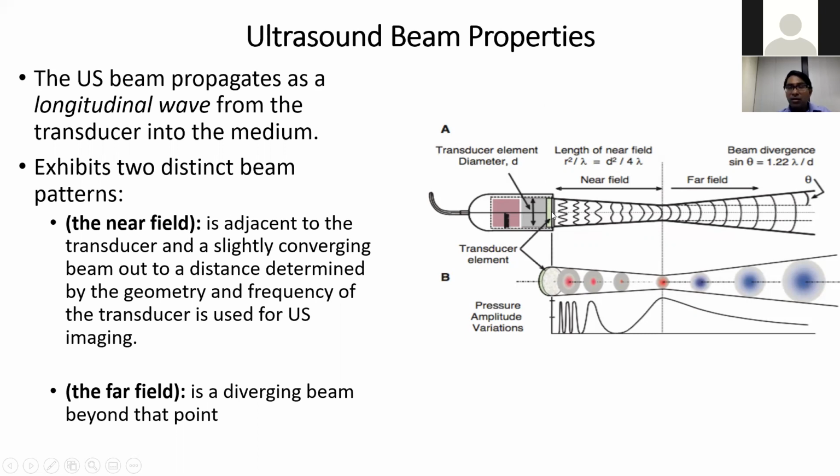The element width is measured in the lateral direction, and the element height is measured in the y or the elevational direction. The beam profile here is not a 2D profile, it's a 3D profile. Right now it's being represented as 2D, but it actually is a 3D profile. And the element height determines the near field in the elevational direction.